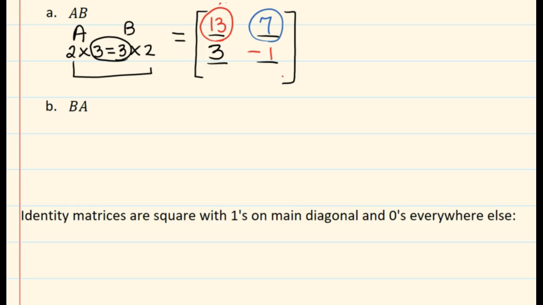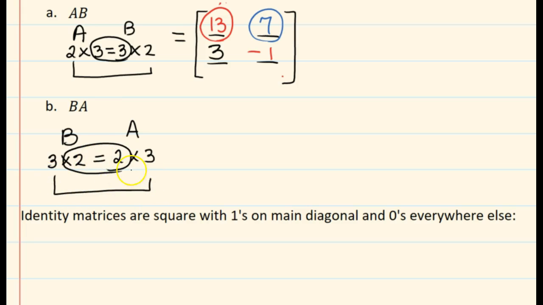Now let's try multiplying B times A. For matrix B, notice we have a 3 by 2 matrix. For matrix A, we have a 2 by 3 matrix. Notice that we can multiply them, and our answer is going to be a 3 by 3 matrix.